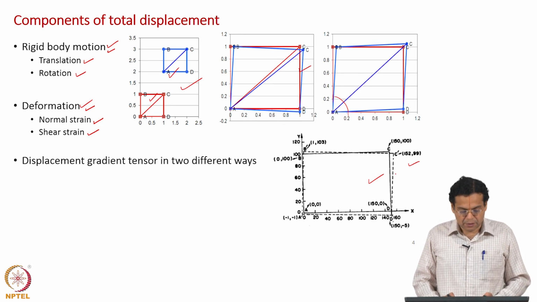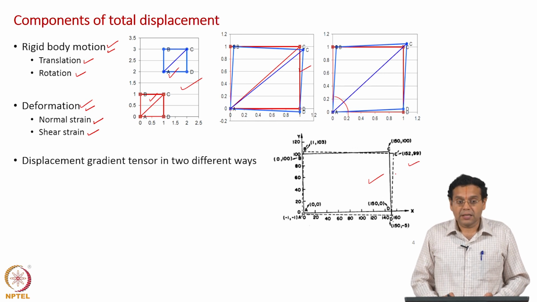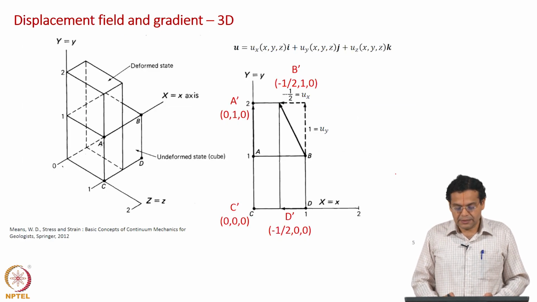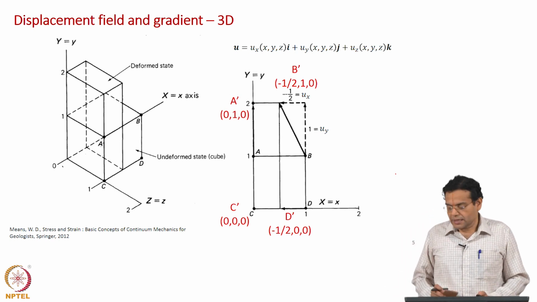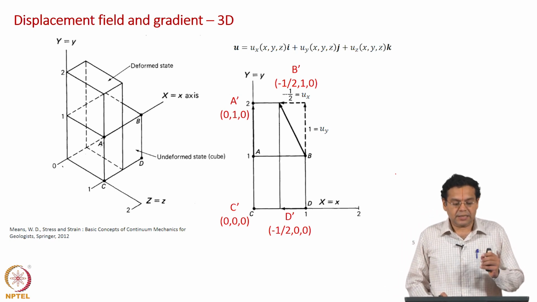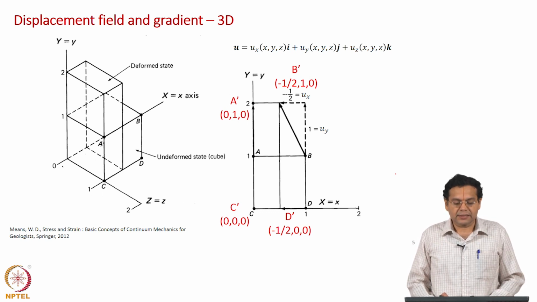Now, as a recall of the displacement gradient tensor, let us look at the example which we discussed in the previous lectures. This example was taken to illustrate the displacement gradient tensor for a 3-dimensional case.